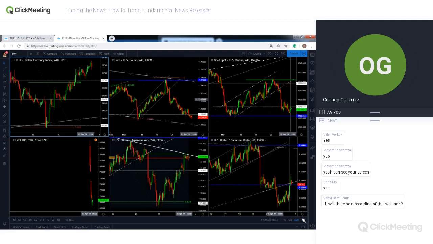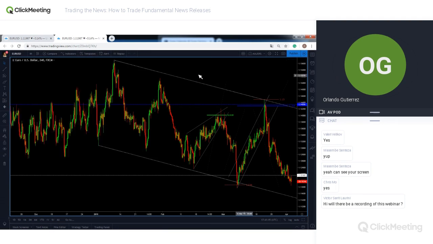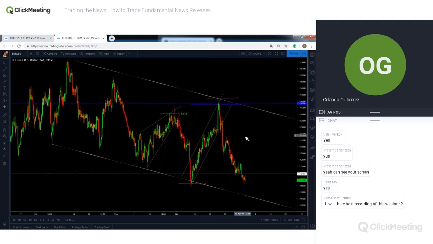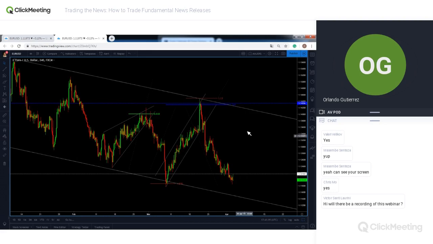So this is my euro US dollar 4-hour chart. Loaded like this. All right. So this is my euro against the US dollar chart, and as you can see, we were trading at very low levels, and to short the euro against the dollar at such low levels, to me, is a bad idea.